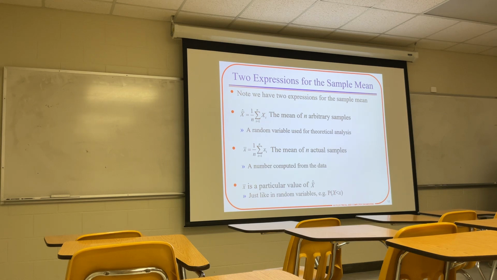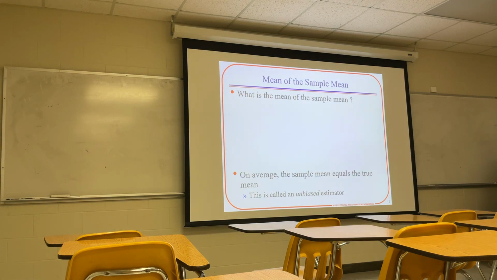Okay, this is just redefining the means by definition. Anytime you have a capital X bar with a hat, it means the sample's random mean. And when you get a true X bar, it means the sample's true mean. Now, on average, he's going to start using the terms unbiased and biased estimate.